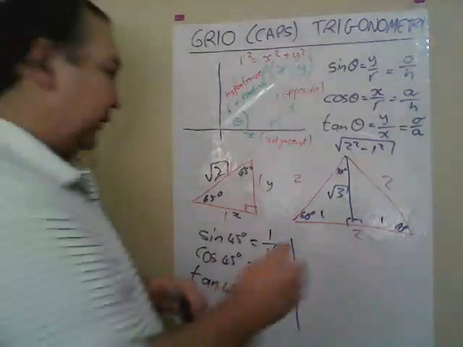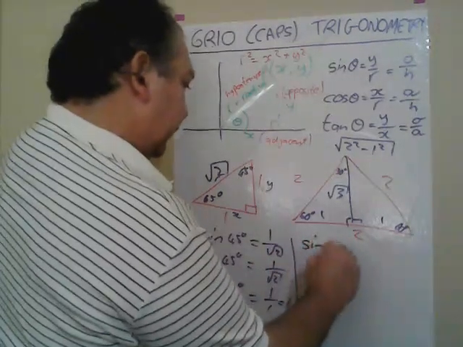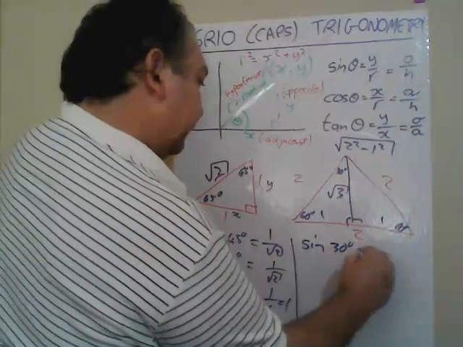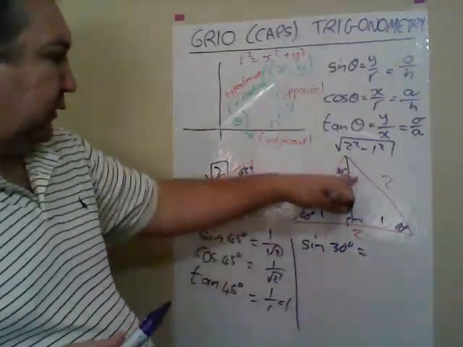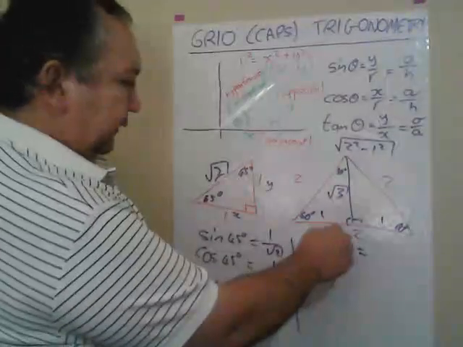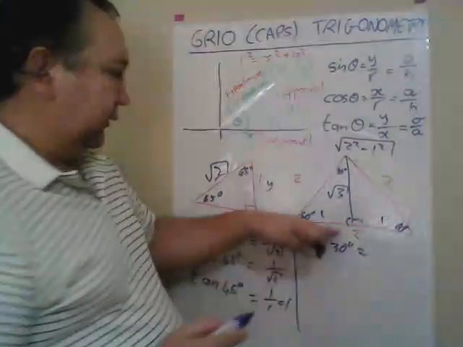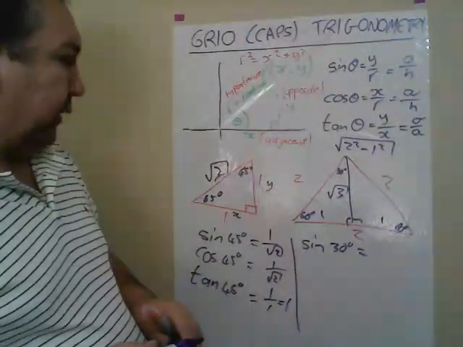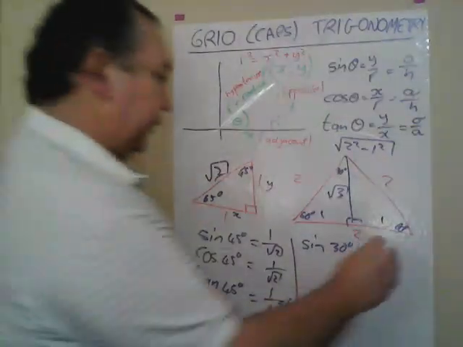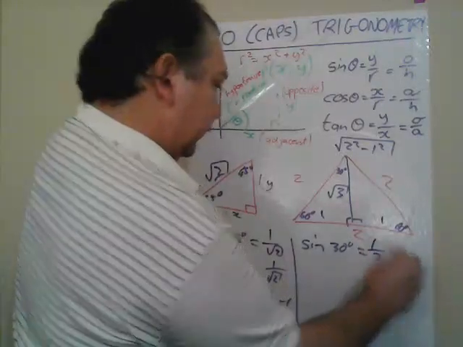Let's start with sine of 30 degrees. Okay, so sine will be this side over that side, the opposite over the hypotenuse, which will be 1 over 2.